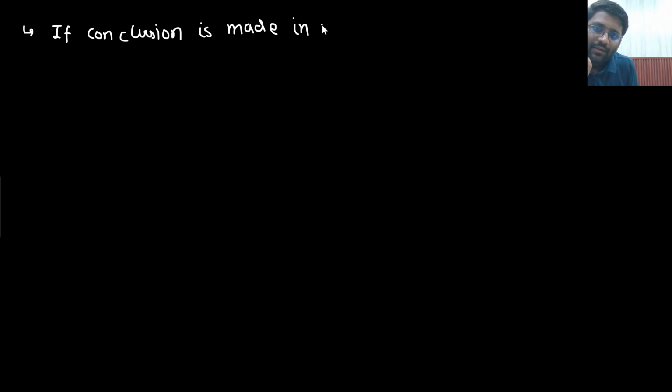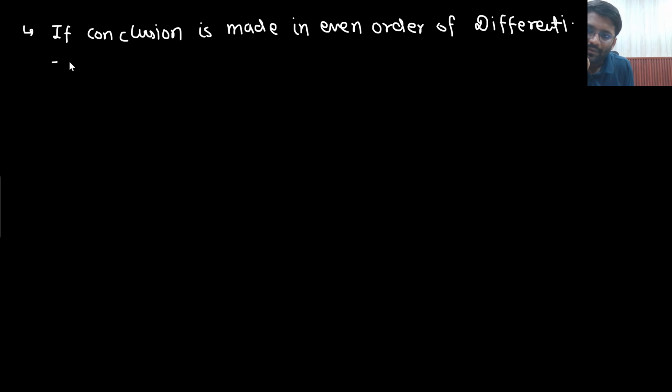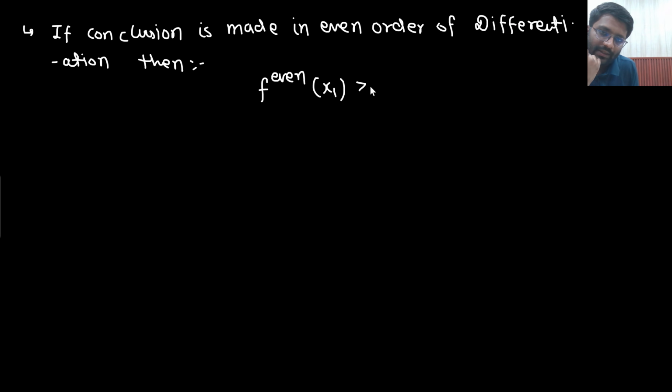What I am saying is that if the conclusion is made in an even order of differentiation, so if the even-times differentiation you have done at x equals x1 comes out to be greater than 0, then it will be the point of minima.